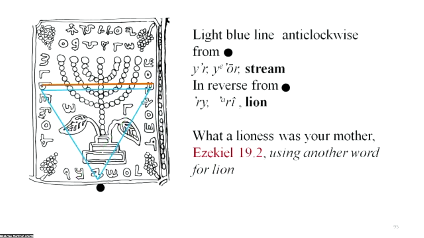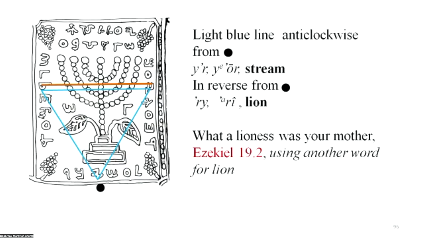The third one, again, starting at the bottom, if you read round anti-clockwise, it says a stream, or in reverse, it says the lion. Now, stream, we've seen plenty of that, the lady flowing down from heaven and so forth. But the image of a lion was a very important image for the Lady of the Temple.